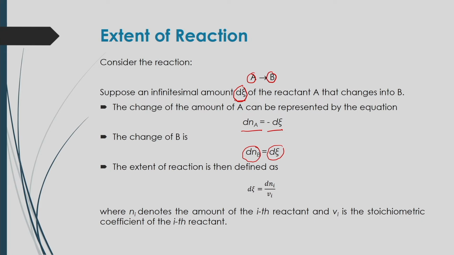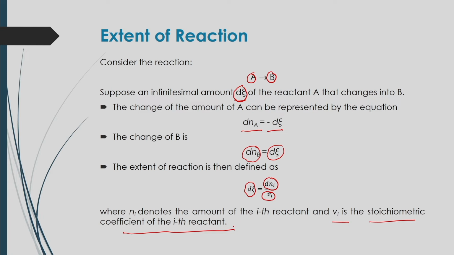Now, similarly, the extent of reaction is defined as d xi equal to the change of component i with respect to its stoichiometric coefficient, divided by nu i. Here Ni denotes the amount of the ith reactant, and nu i is the stoichiometric coefficient of the ith reactant.